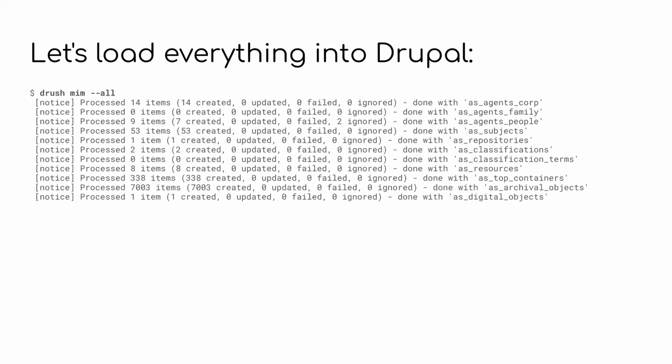So 14 corporate bodies, 9 people. It's creating all of these records in Drupal. You will note one interesting thing, however, which is that in this instance, 2 agents were ignored. And some of you might already be intuiting what's being ignored. Anything that doesn't have a published setting on it.